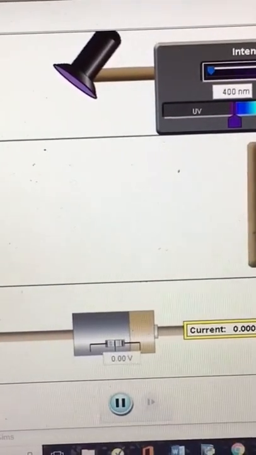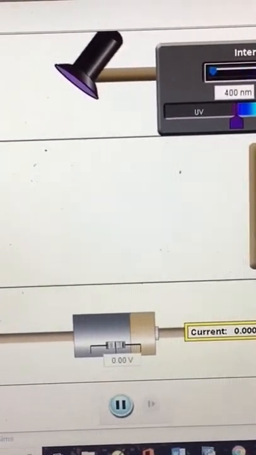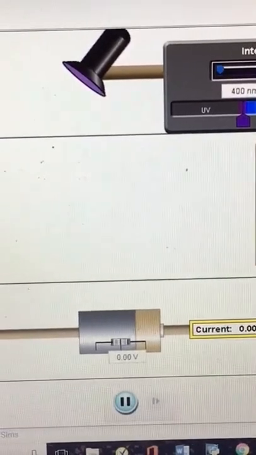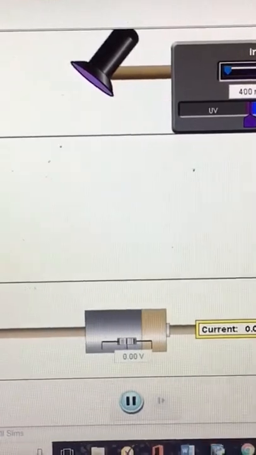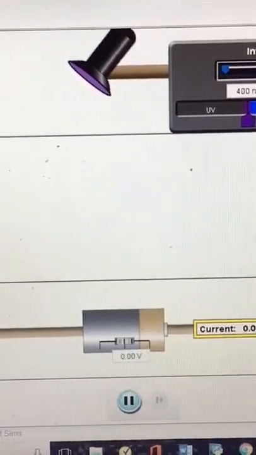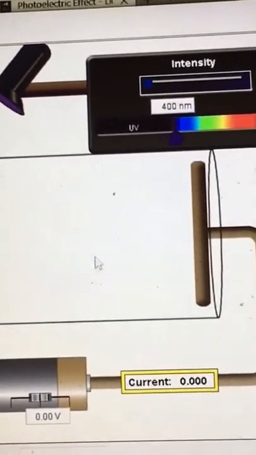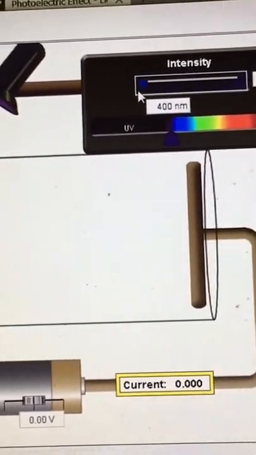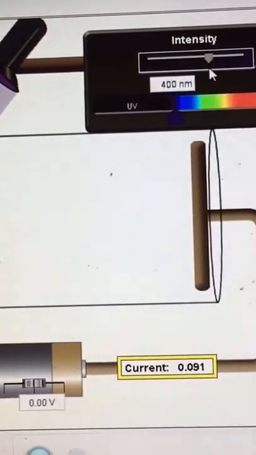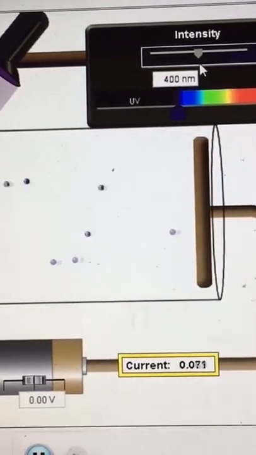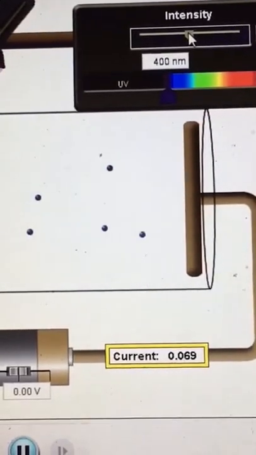In the beginning of this lab, we will find the photoelectric effect and the emission of electrons from a surface when illuminated with light of a certain frequency. To start this lab, we will set our intensity to 50%. And as you can see, the electrons are moving.